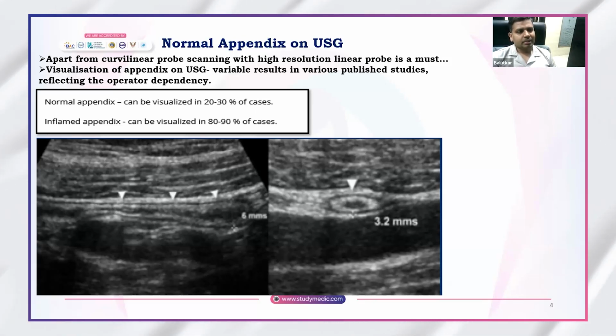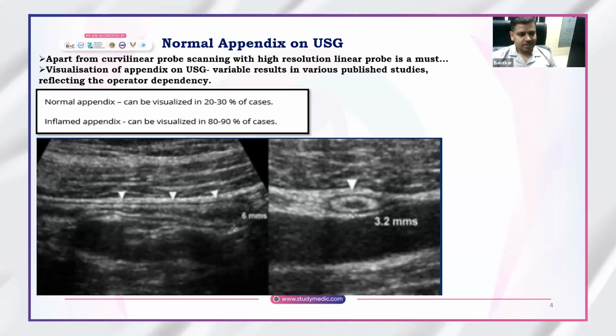It is found that visualization of the appendix on ultrasound is a bit variable, and that's why it is an operator dependent procedure. There is a lot of operator dependency in visualization of the appendix. But normally, if the appendix is normal, it can be visualized in up to 20 to 30% of patients. And if it is inflamed, it will be visualized in almost 90% of patients.